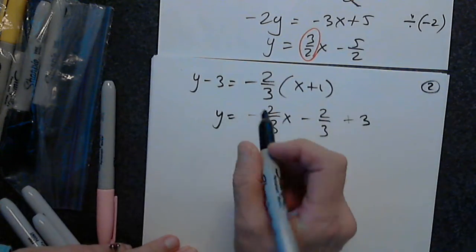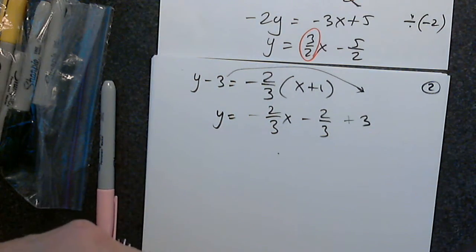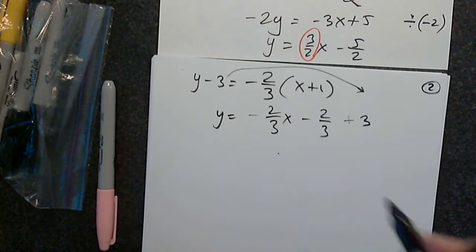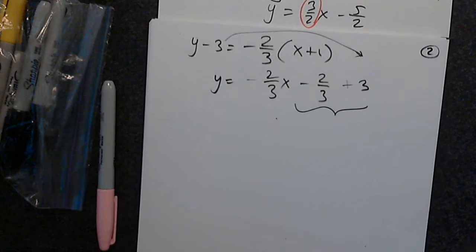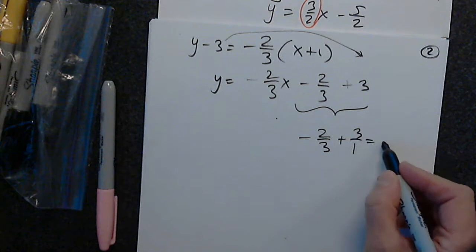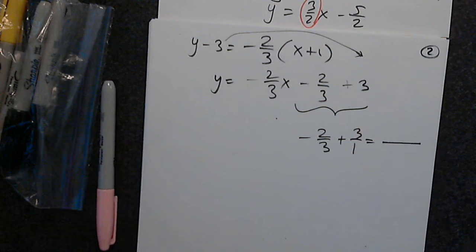Okay, and then plus 3. This gets moved to the other side. It was negative on one side, it will become positive on the other. Now we have to find the least common denominator here, so I'm adding negative 2/3 to 3/1, and the least common denominator is 3.